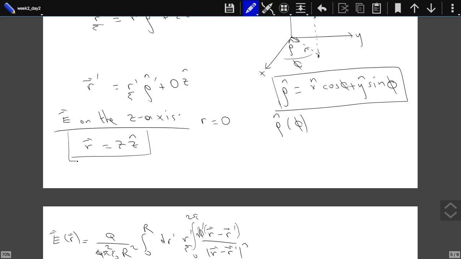If this is my r vector, r minus r prime vector is equal to minus r prime rho hat prime plus z in the z hat. R minus r prime magnitude is equal to square root of r prime squared plus z squared.